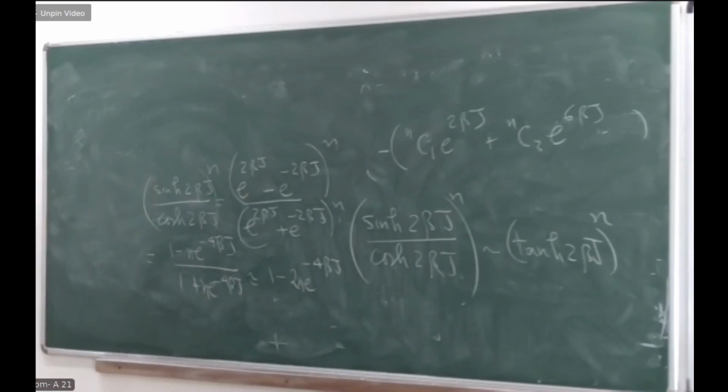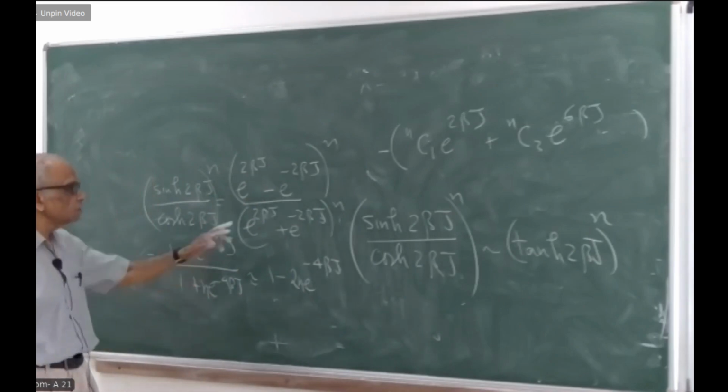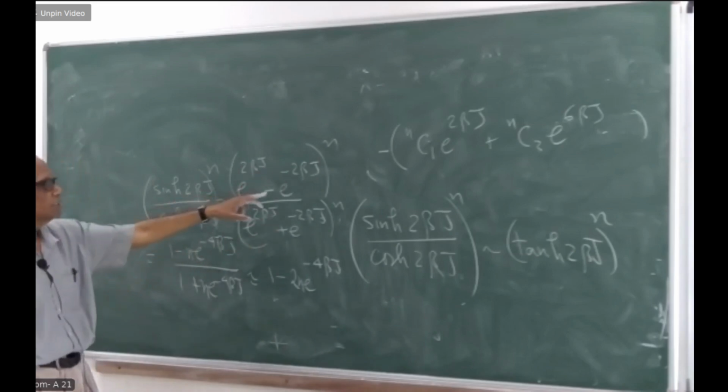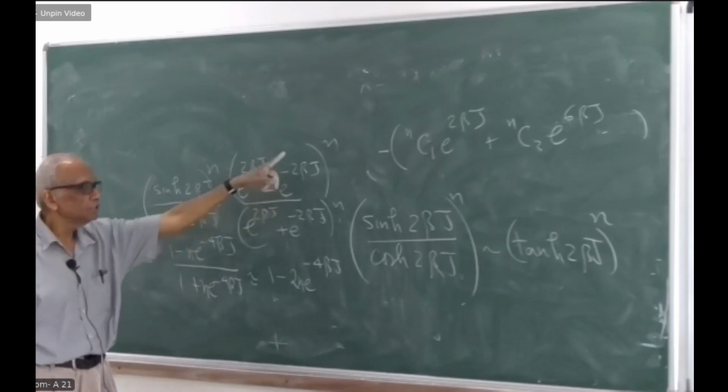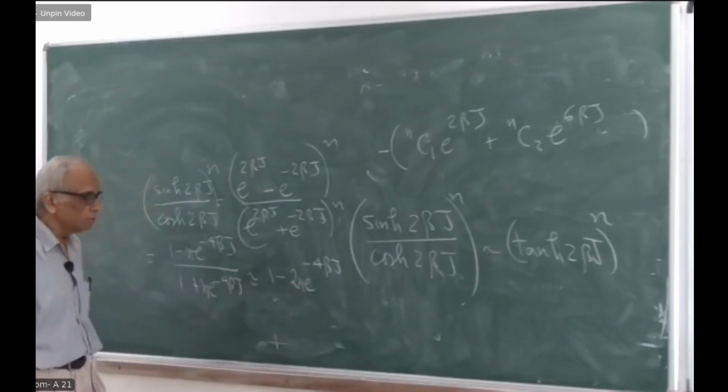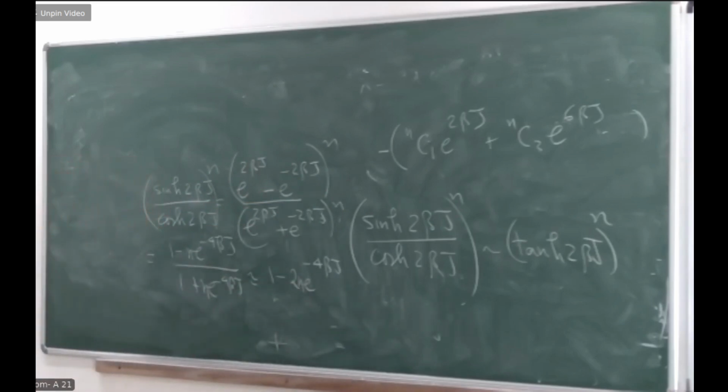So it is 1 minus 2 e to the power minus 4 beta j, raised to the power n. This is so small that you only keep the first term in the binomial. So it is 1 minus 2n e to the power minus 4 beta j.